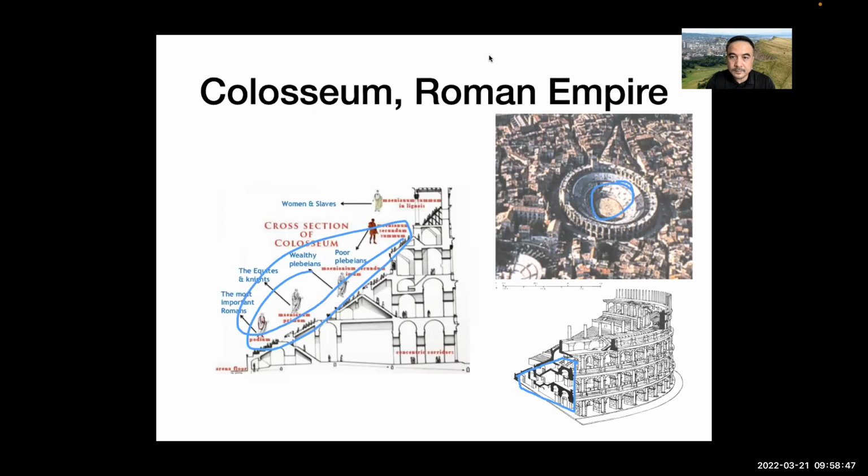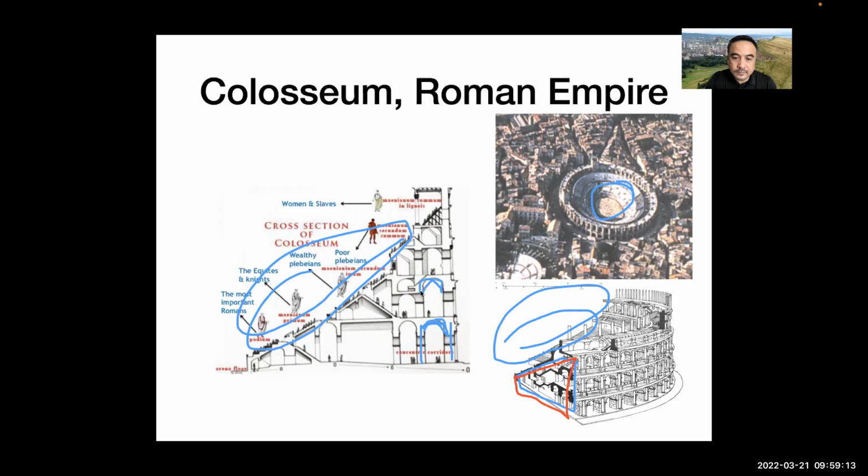right? The structure is here to provide the space here, right? For people to watch the entertainment. Okay, the structure is simple. Column, an arc, right?